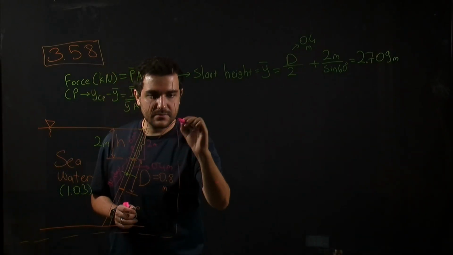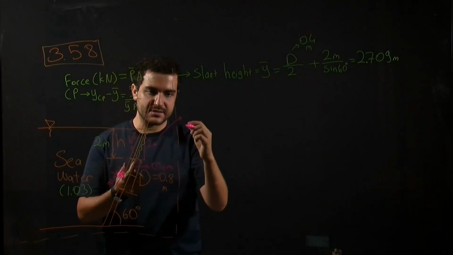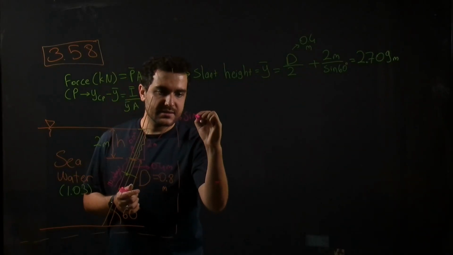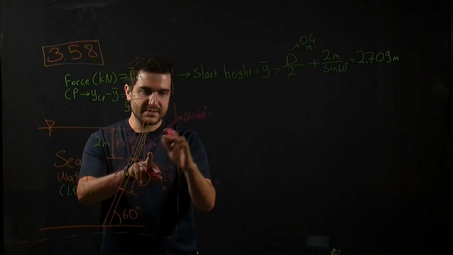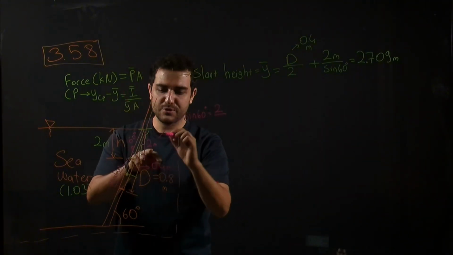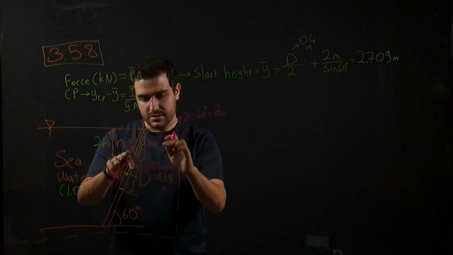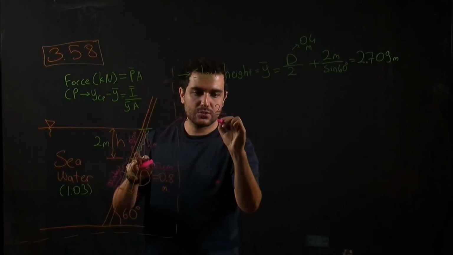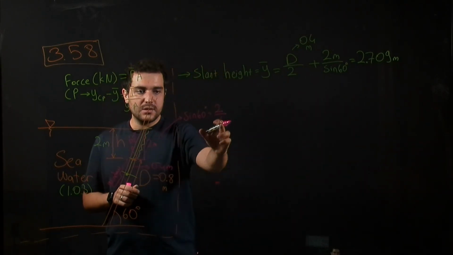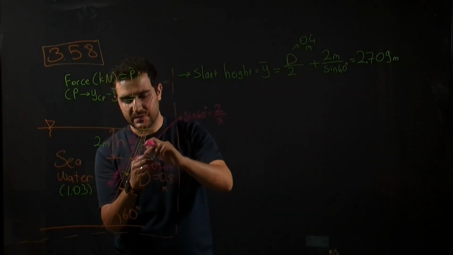So for example, if we take this angle, sin 60 will be equal to opposite over hypotenuse, let's say x, 2 over x, and x will be the slant height of our window.